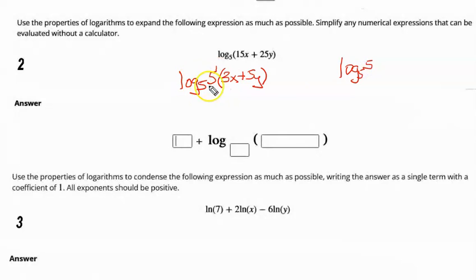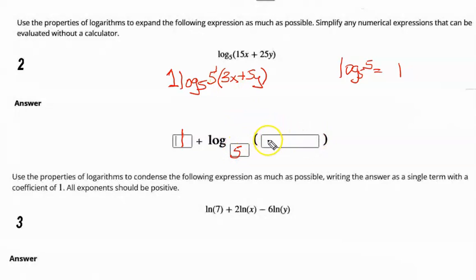What is this? Well, this is a 1, and we're taking that exponent in a sense and moving it out here. So this is 1 log 5 of 5, which is a 1. So a 1 goes there. Our log base is 5.